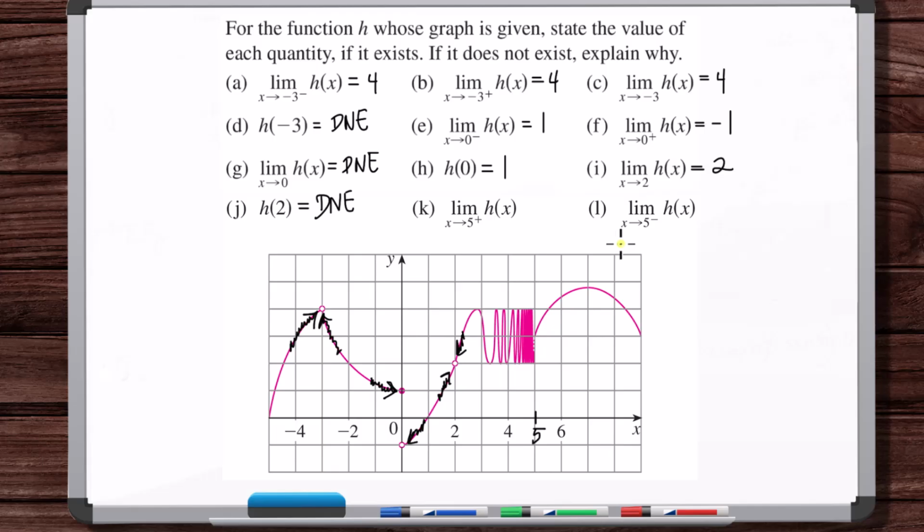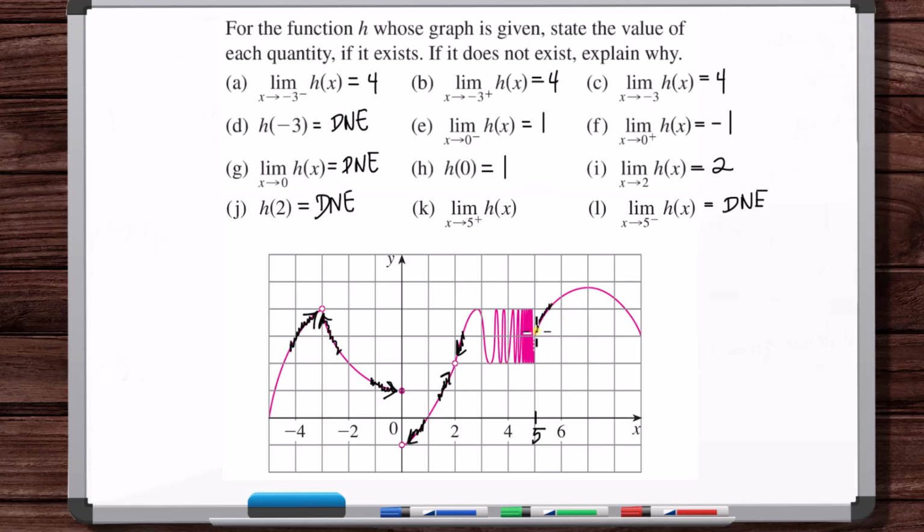When we're approaching 5 from the left, no matter how close we get to 5, so we could plug in 4.999 a million zeros 9, and we might get 2. Then we can plug in 4.999 a trillion zeros 9, and we might get 4. And it just continues to oscillate no matter how close we get to 5 coming from the left. So this doesn't exist. Okay, now coming from the right, this will exist.